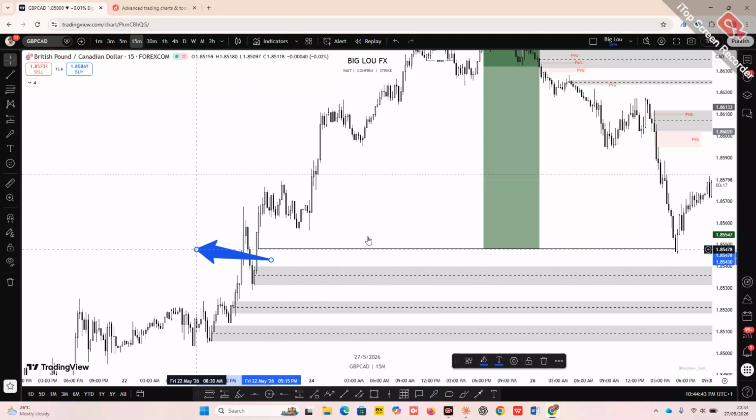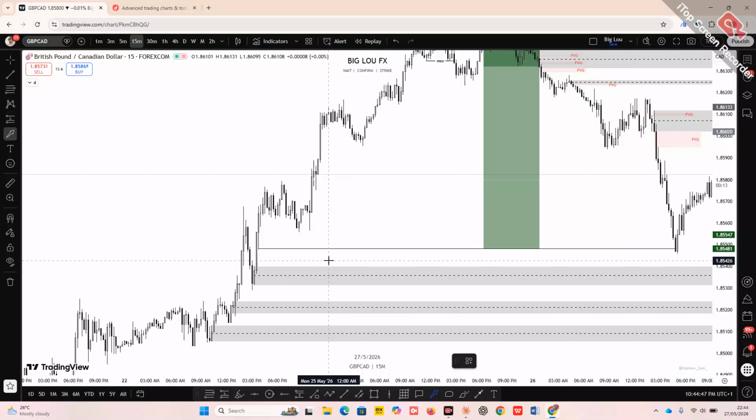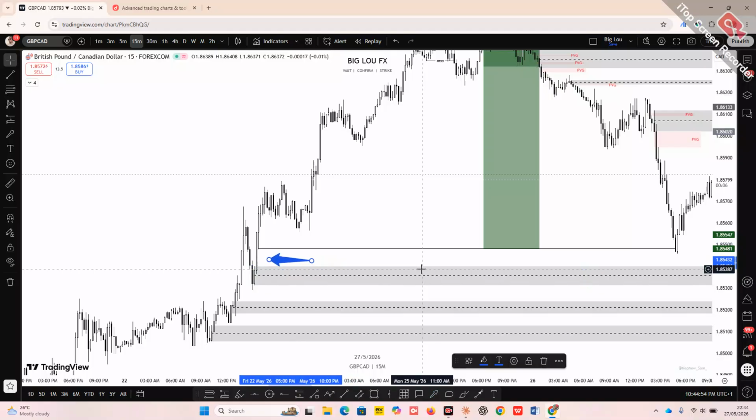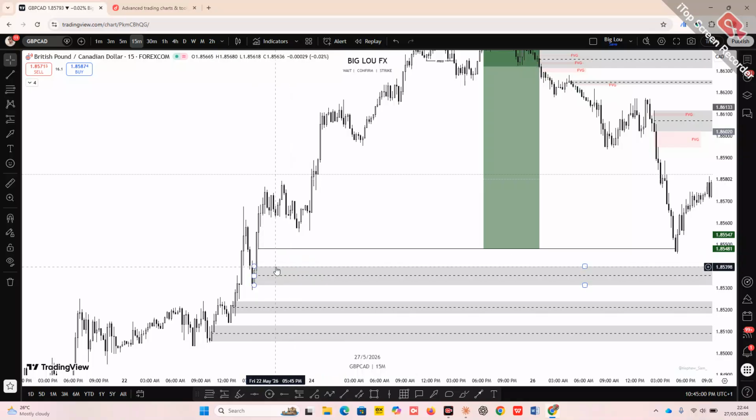Sorry, let me delete that. This heavy imbalance here. You can see this imbalance here. You can see that imbalance, right? So that imbalance is there.